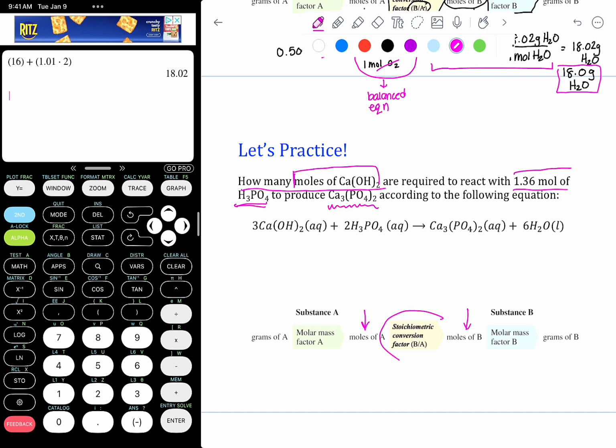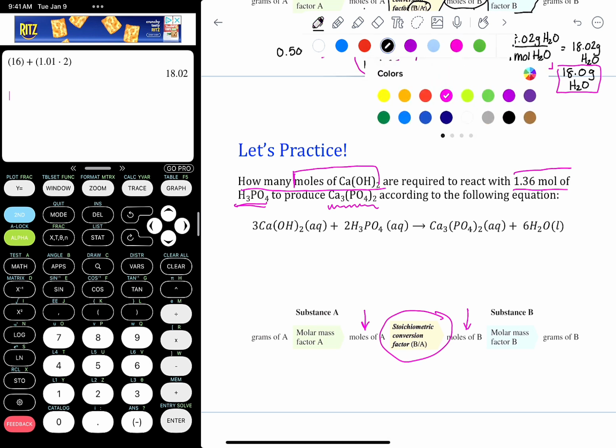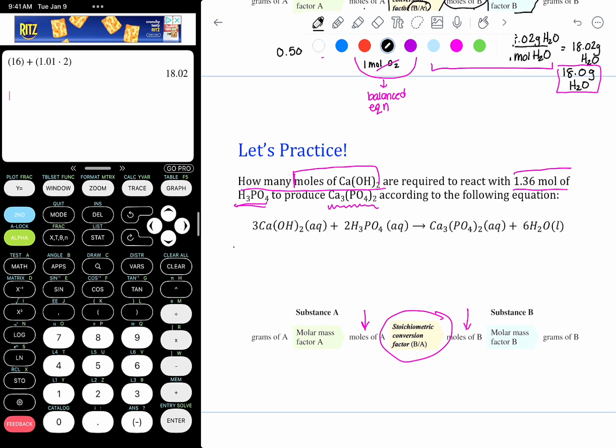So all we have to do is set up our stoichiometric conversion factor, or our mole-to-mole ratio, in order to solve this problem. So we're going to start with 1.36 moles of H3PO4.